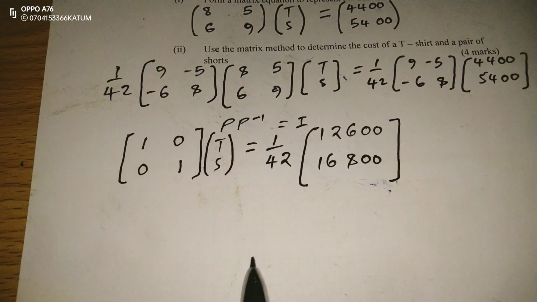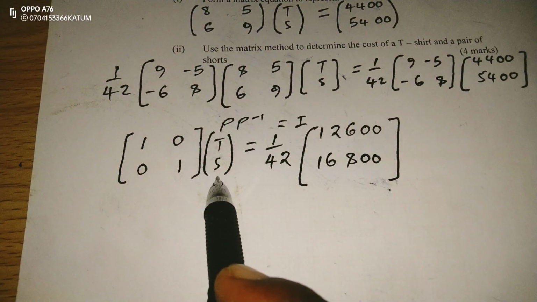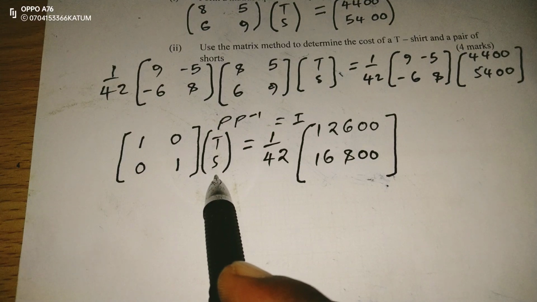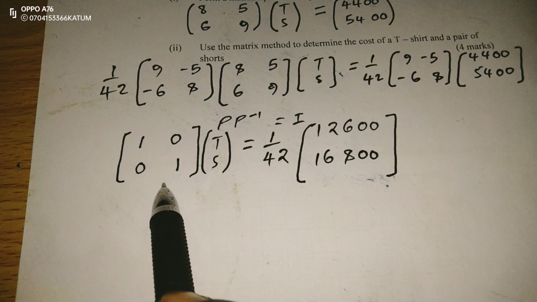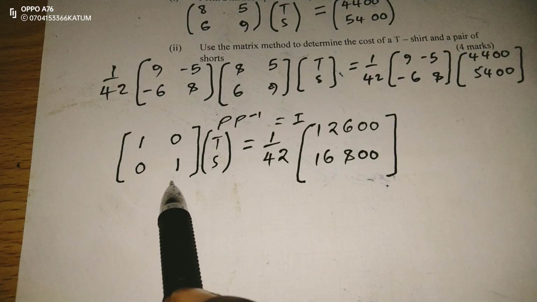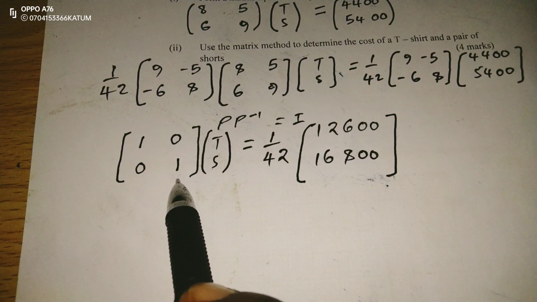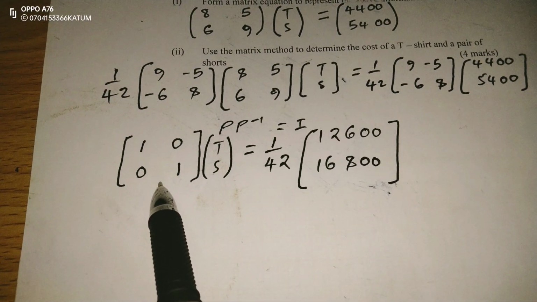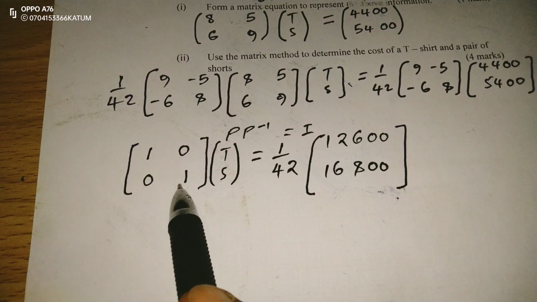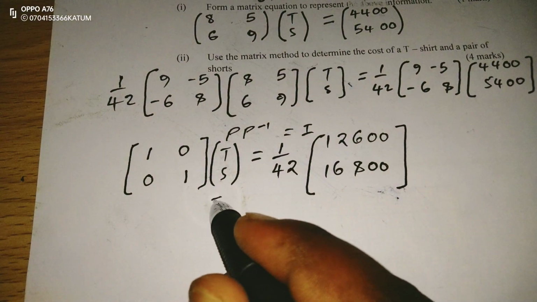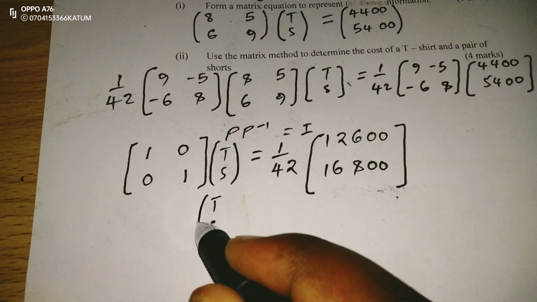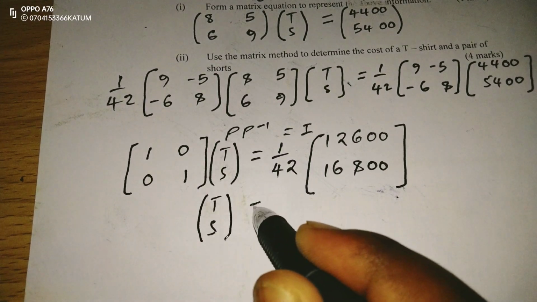As we do that, it should be noted that when we have this variables matrix multiplied by the identity matrix, the product of any matrix by the identity matrix should give us the matrix just as it is, because the value of the identity matrix is 1. Therefore, T and S remains the way it is, just as a matrix.